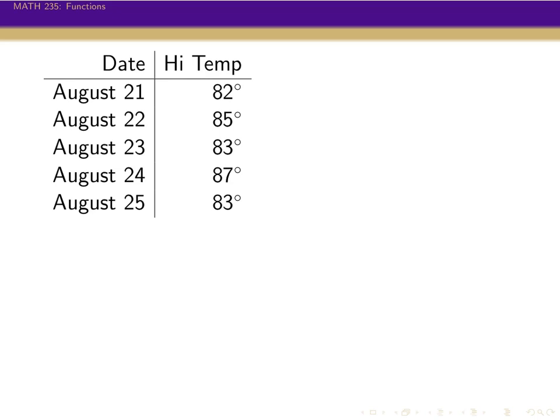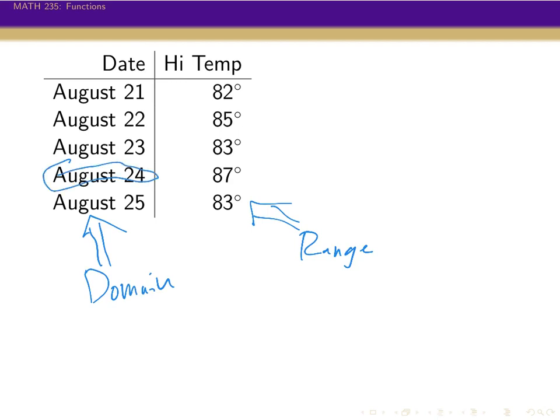All of these dates as a set is our domain, and all of the high temperatures as a set is the range. So when we plug in a date, like August 24th, the function spits out the high temperature on that date, in that case 87 degrees.